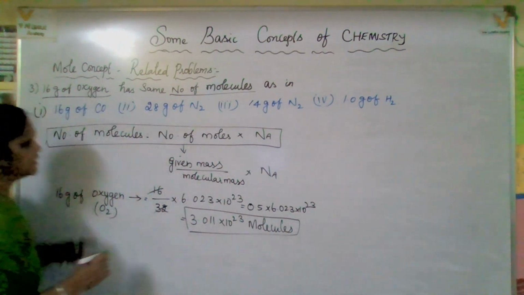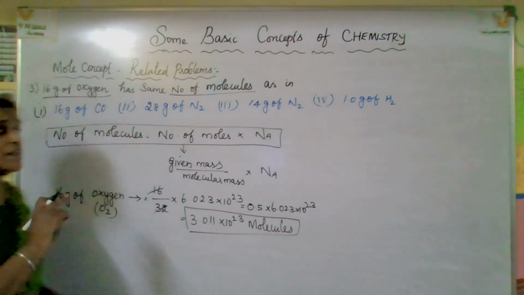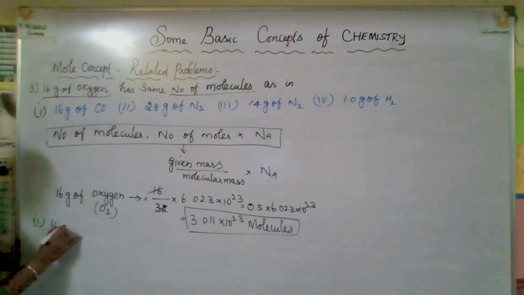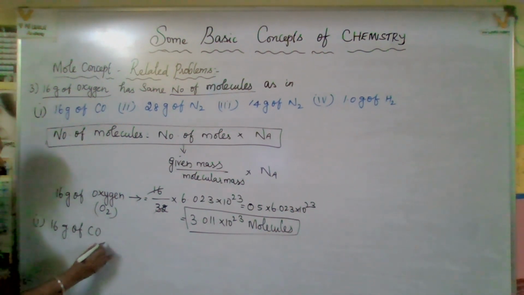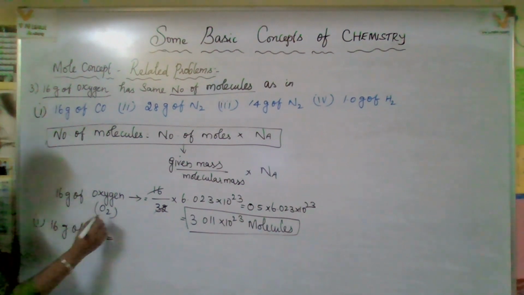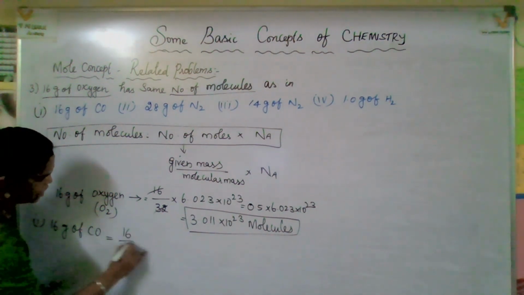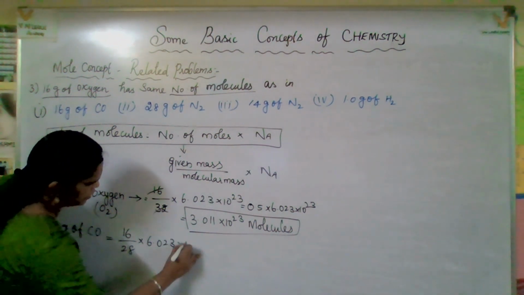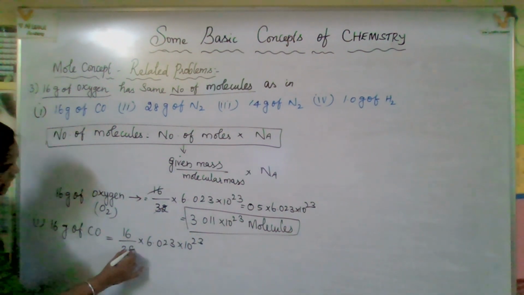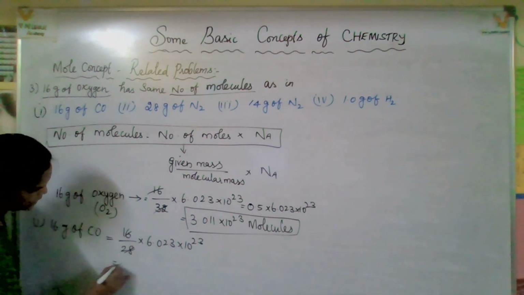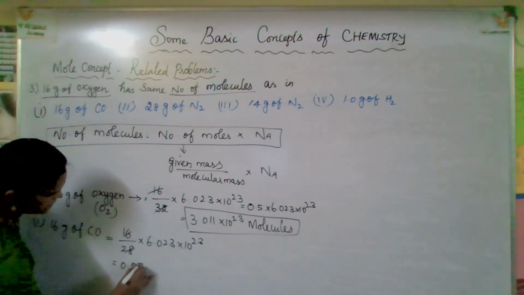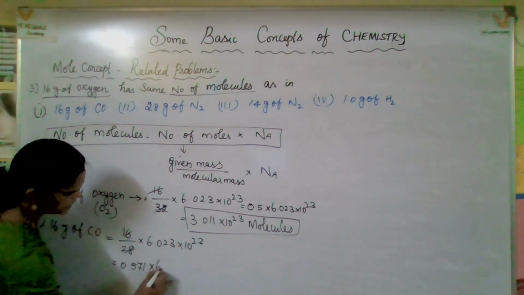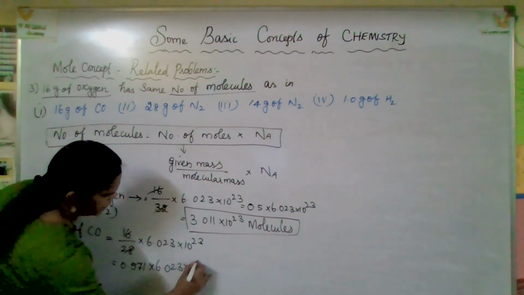You have to check the other four. Let us find whether they have the same number. Right. Now this first one, 16 gram of carbon monoxide. So given mass of carbon monoxide is 16, molecular mass of carbon monoxide is 28, and Avogadro number 6.023 into 10 to the power of 23. So here you will get 0.571 when you simplify this, into Avogadro number 6.023 into 10 to the power of 23.